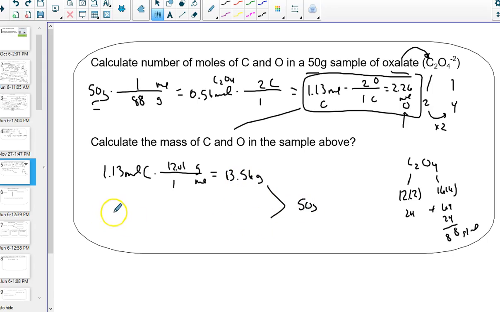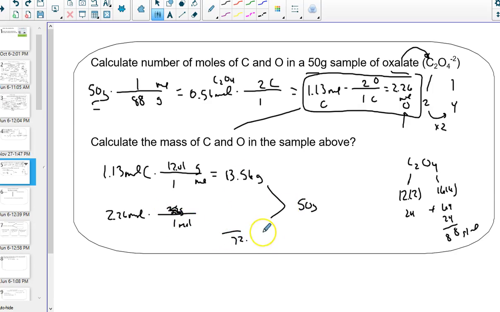Let's do the math here. 2.26 moles of oxygen. 1 mole is 32 grams. 2.26 times 32 is 7. Hold on a second here. That's not 32, that's O2. Catch yourself. So, good learning point here. I got 72.